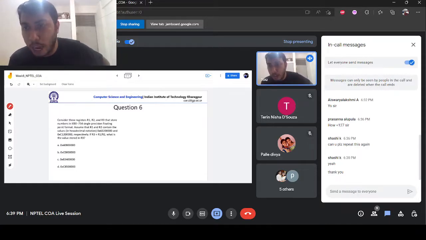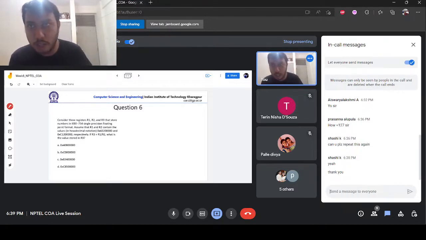So assume R1 and R2 contain the values 0x42250000 and 0xC1200000. These are hexadecimal numbers, basically IEEE floating point numbers represented in hex. If we store in R3 R1 divided by R2, what is the value that is stored in R3? That is what we need to find.